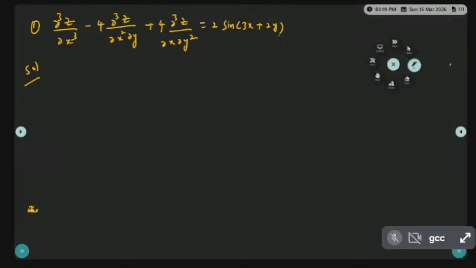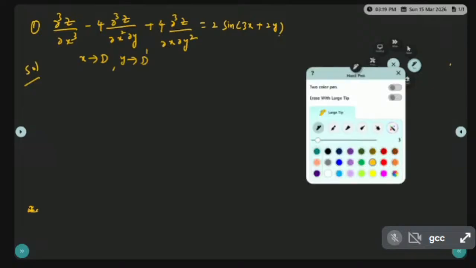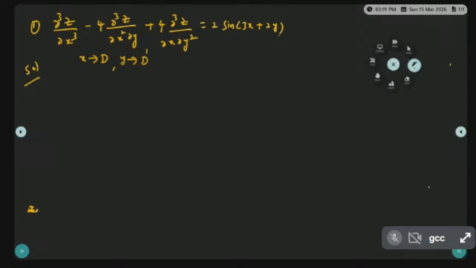What is the operator form of this? D cube minus 4 D square D dash plus 4 D D dash square. Can you please tell me?